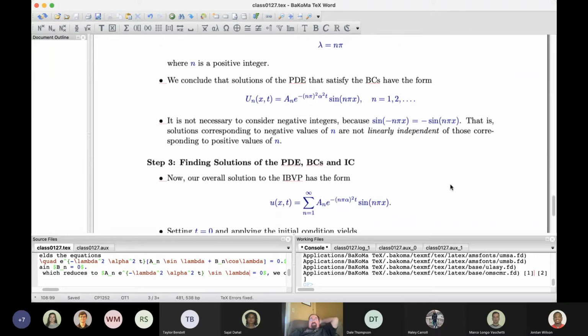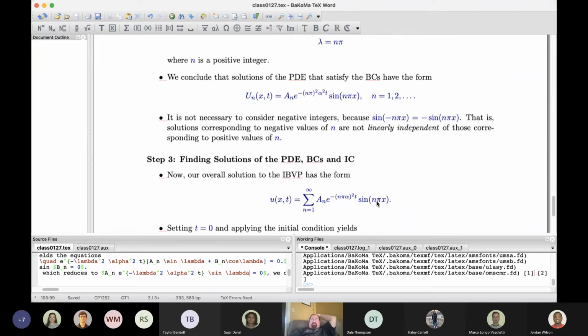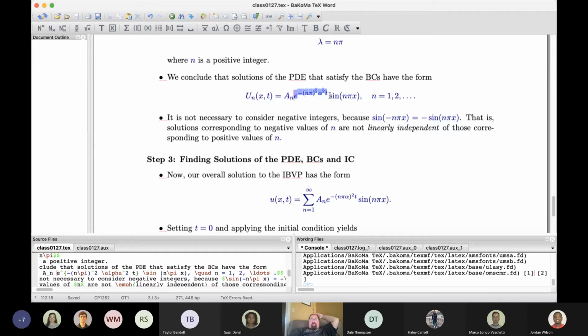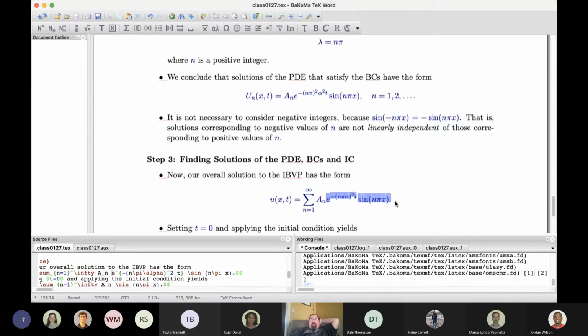So our solution to our original initial boundary value problem is now known to have this form, where we have our elementary solutions of the PDE times some unknown constants, added all up. This linear combination of solutions of the PDE that satisfy the boundary conditions will also satisfy the initial condition when we plug in t equals 0.